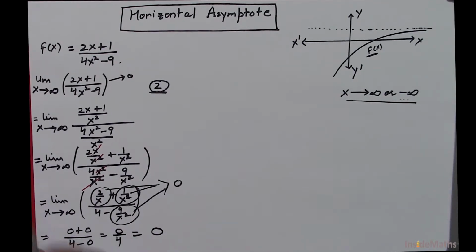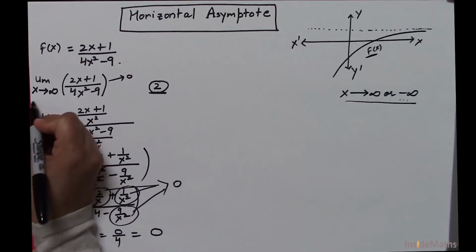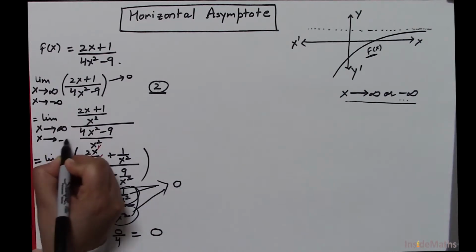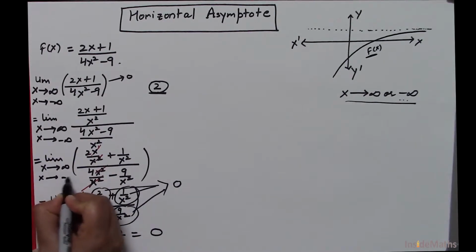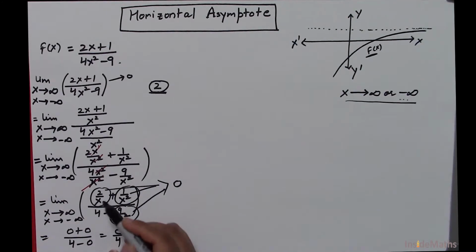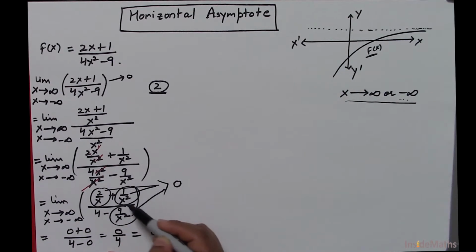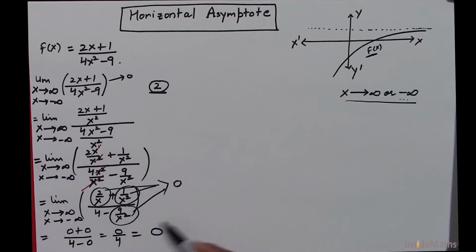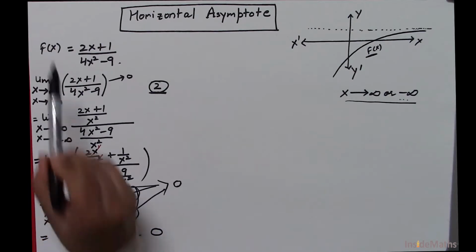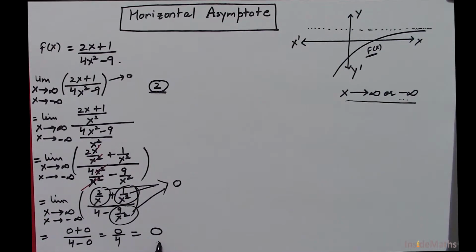And the same way, if I take the limit x approaches negative infinity, again, these three terms approach 0, so we get the same value. When x is approaching positive infinity or negative infinity, the function is approaching 0.